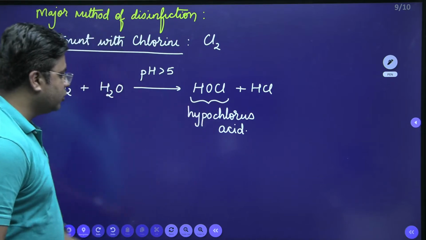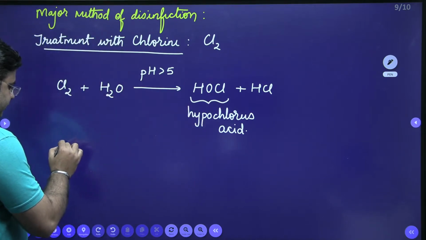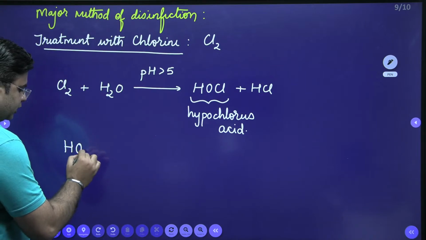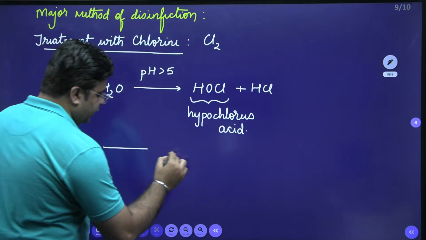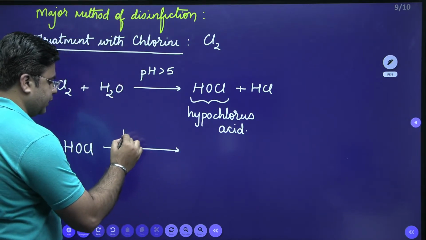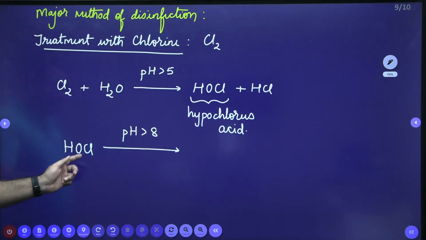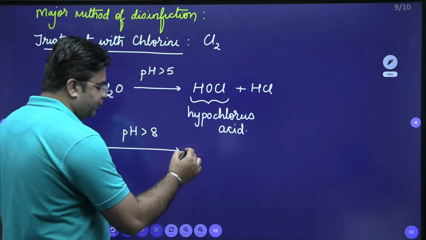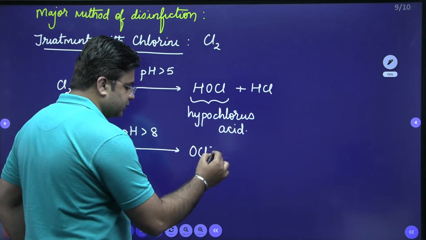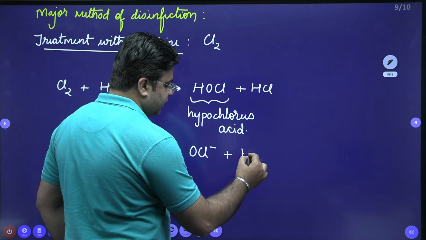Now this hypochlorous acid, HOCl, if the pH of the water sample is more than 8, dissociates into hypochlorite ion, OCl minus, and H plus ion.